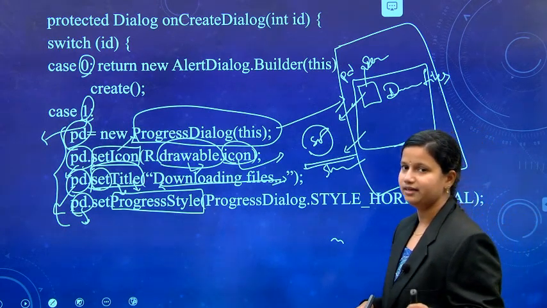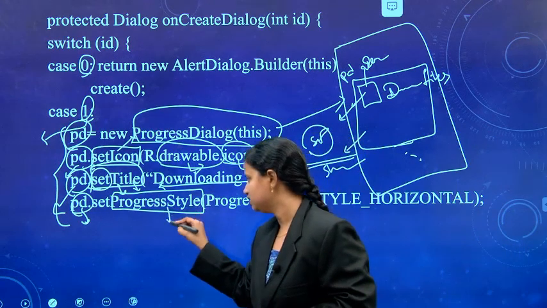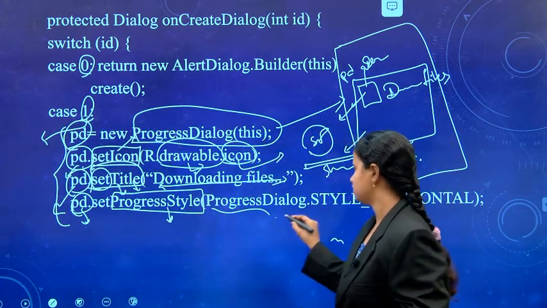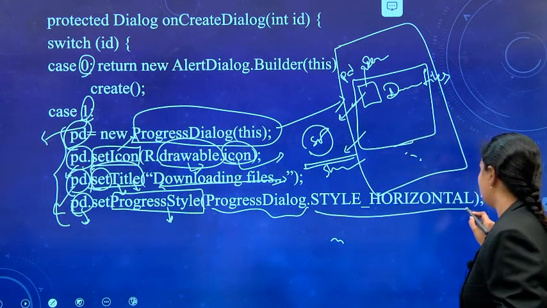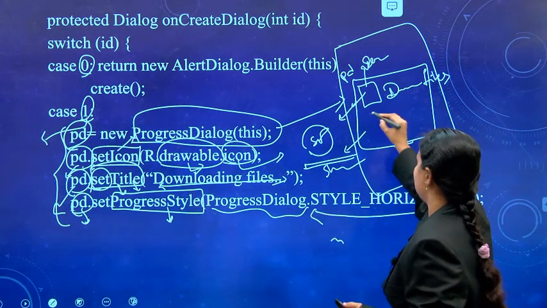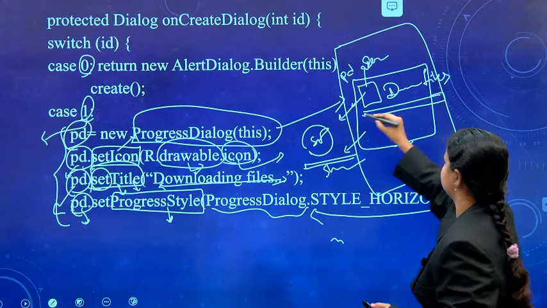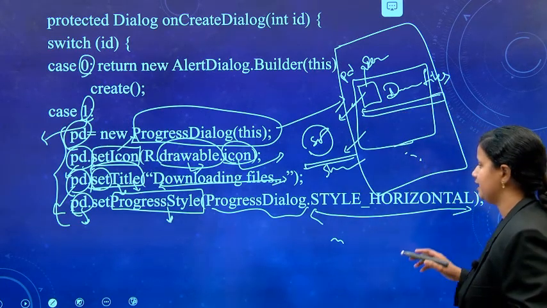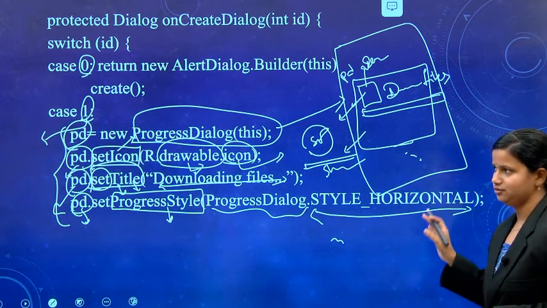To set the different progress styles, you have to use this set progress style. So what is our progress style? Progress dialog dot style horizontal. The style is horizontal. It will represent the progress style as a horizontal line.